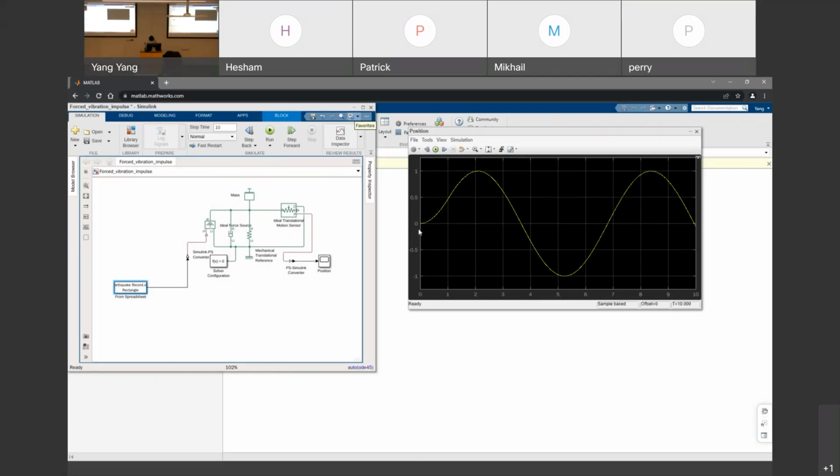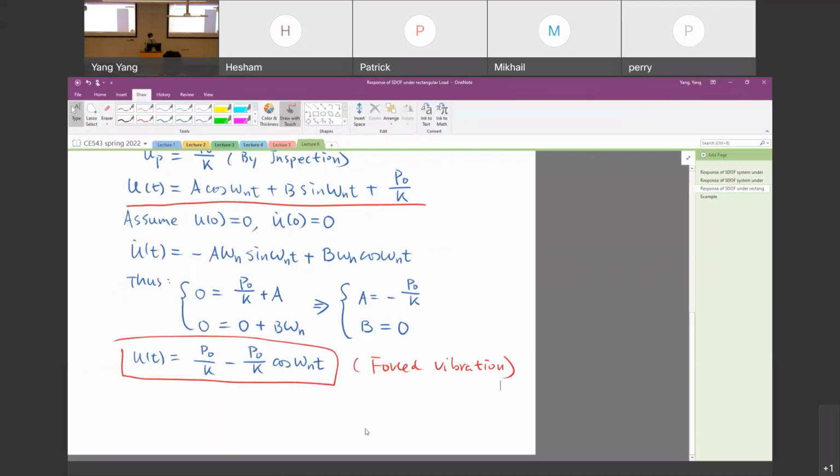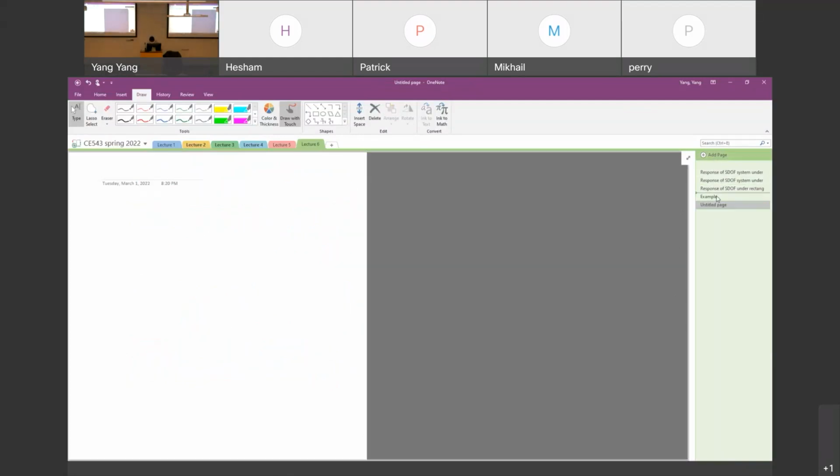From 0 to 1 second, this part is not a sine wave, but very close to a sine wave. It's the form of this. So if we plot this equation in the space of time, right?